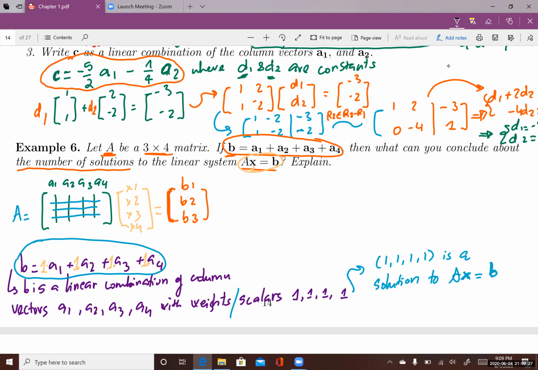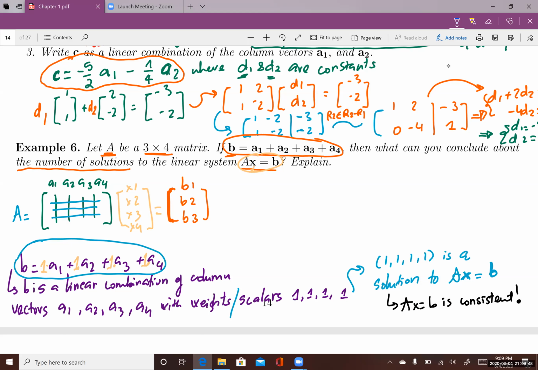From here we know that AX equals B is consistent. That's one thing. It has at least one solution. But does it have many solutions? We'll see. So now we're analyzing A.